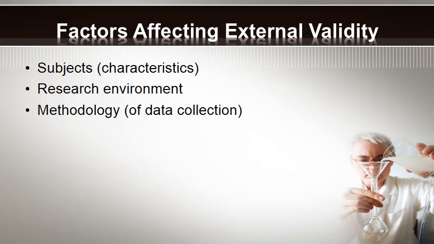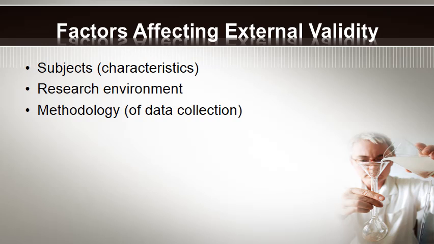So all college students or all males, or Kohlberg's theory of moral development, he used all males and they were at, I don't know, like middle school age. So would that have necessarily been true if he had had a more representative sample that included females as well as males? The research environment. If your research is done in a highly controlled lab environment, would the results be the same in the real world? And of course, methodology of data collection.